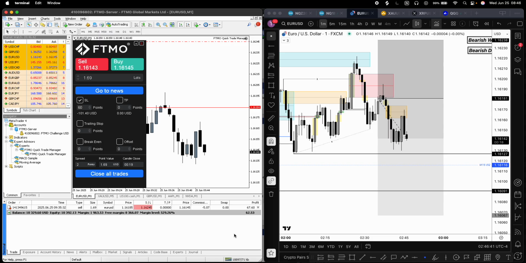See if we can break that black line, break below it. So far it's looking pretty good.